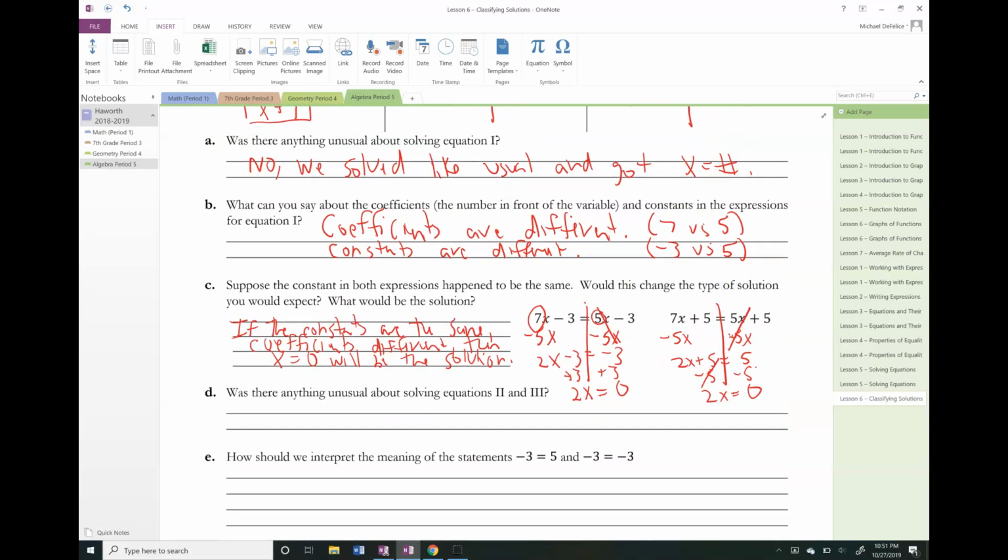So for this one, D, was there anything unusual about solving equations 2 and 3? We're going to say yes. The variable term made a 0.